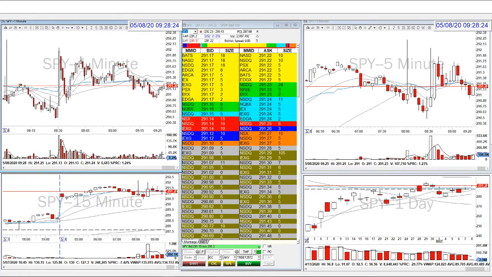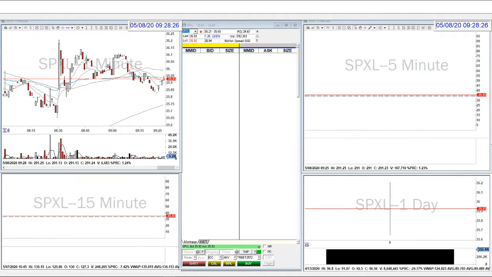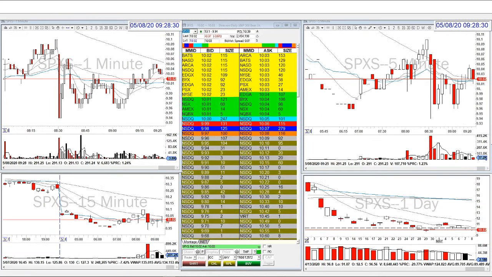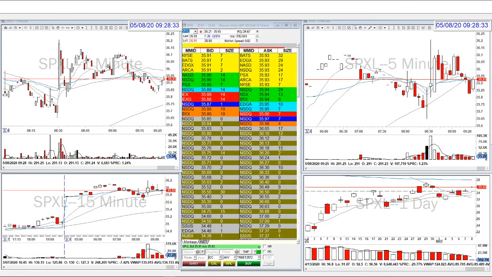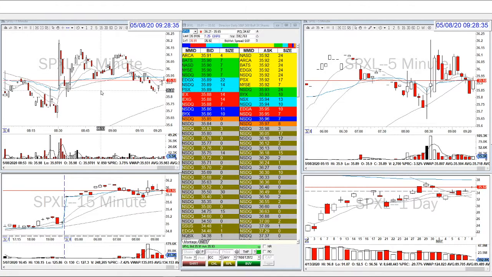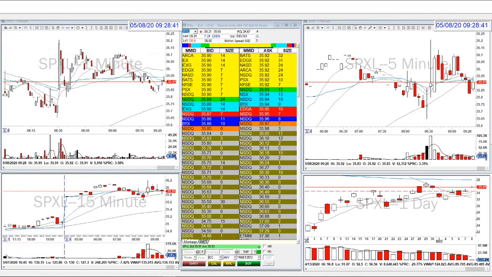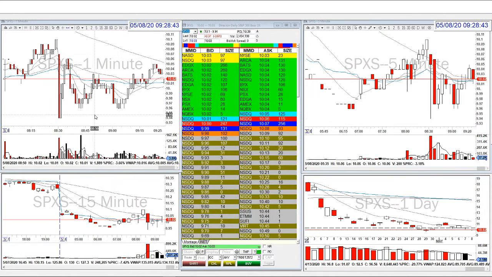1.5 minutes to go before the market opens. And as usual, I always have the SPXL and SPXS. SPXL is the ETF for S&P 500 if you want to go long, and SPXS is the ETF if you want to go short, right?